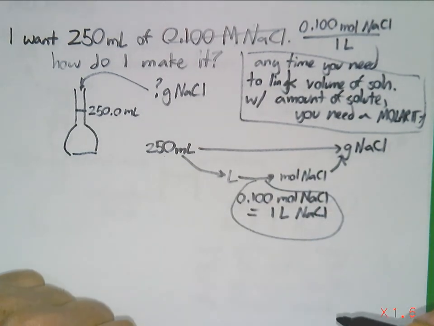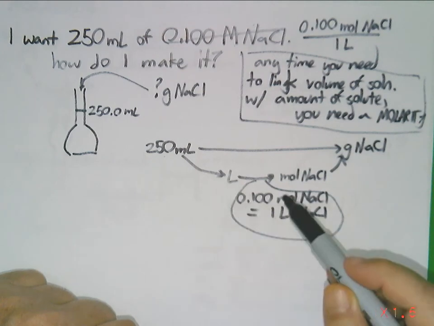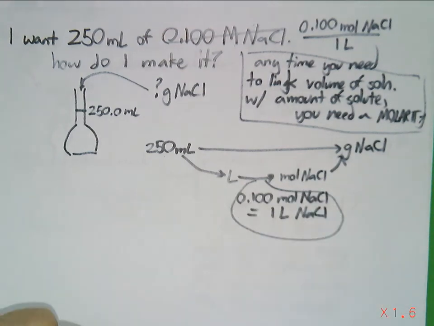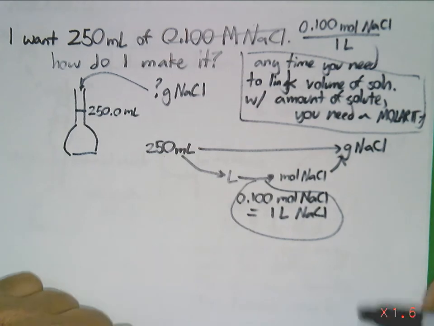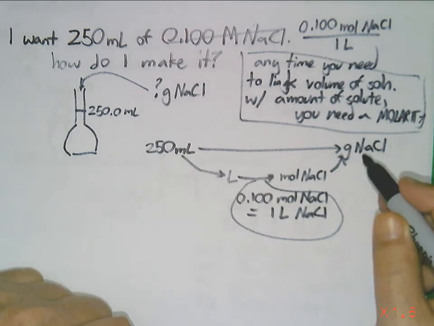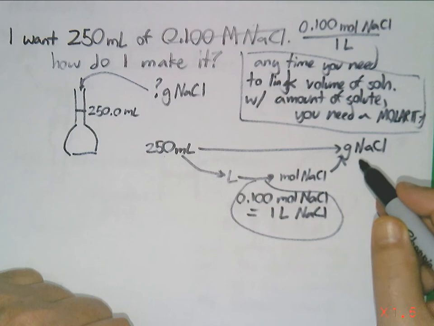So this is just a unit conversion. It's not anything new. The only new thing is that we have a new way to link things. We know how to link now a solution volume with an amount of solute, moles, if you're using molarity. And then I need a gram to mole link, and so I need a molar mass with that.